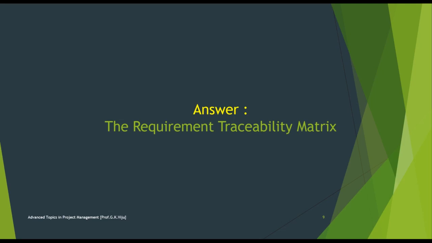In this scenario, the project sponsor requested a document that provides specific information about the product requirements of your current project. The requirement traceability matrix is a grid that links product requirements from their origin to the deliverables that satisfy them.